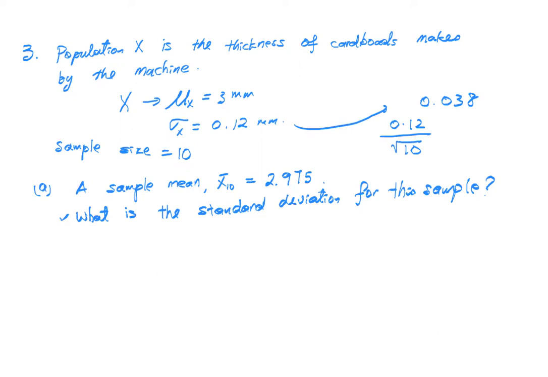Do you know you are doing the wrong thing? I'm not asking that. I'm asking what is the standard deviation for this sample? Nick, give me the right answer. I'm talking about sample standard deviation.